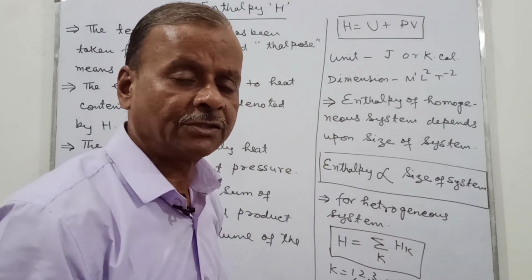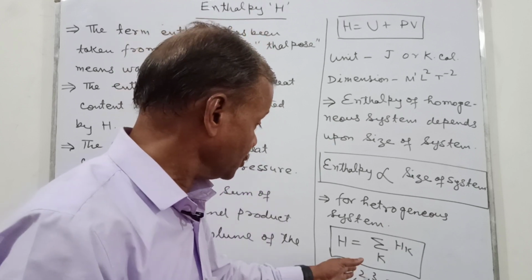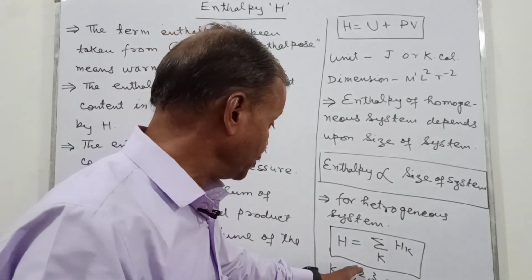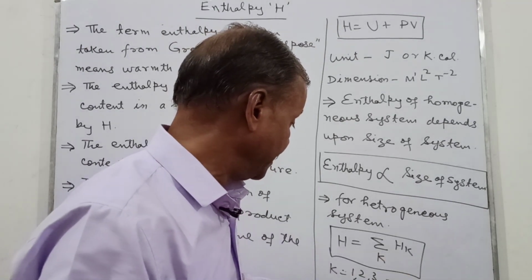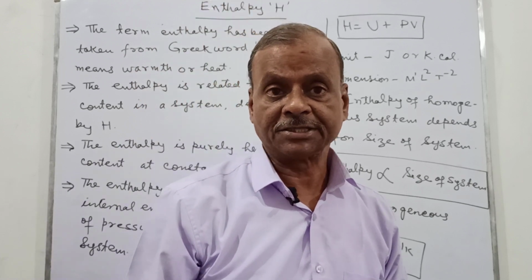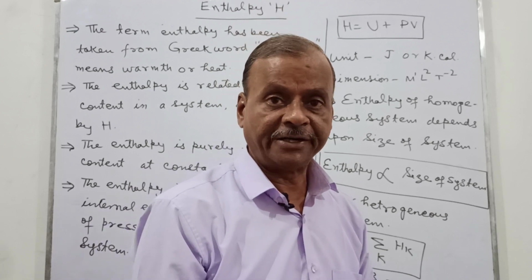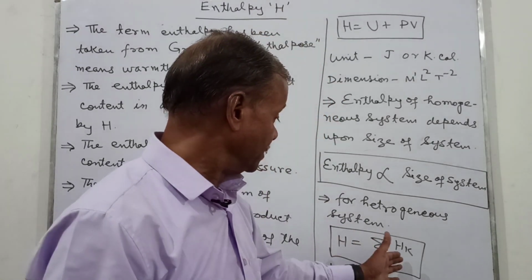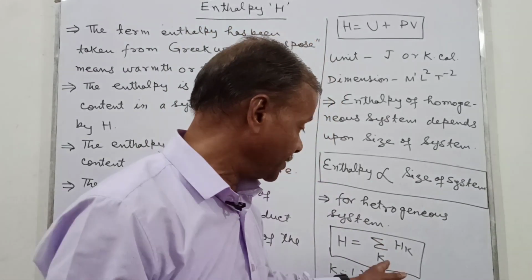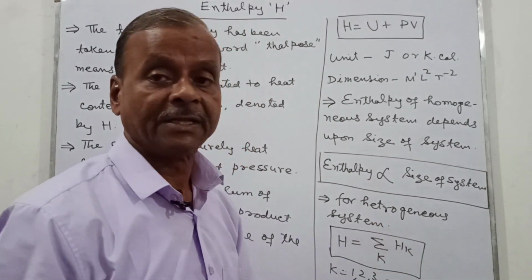Since the heterogeneous system is not uniform, it has different parts. So we sum up the enthalpy of all the parts of the system. Suppose the heterogeneous system contains 2, 3, 4, 5 and so many other different parts; then we take the sum of all the enthalpies of the different parts of the system. So this is now enthalpy in case of the heterogeneous system.